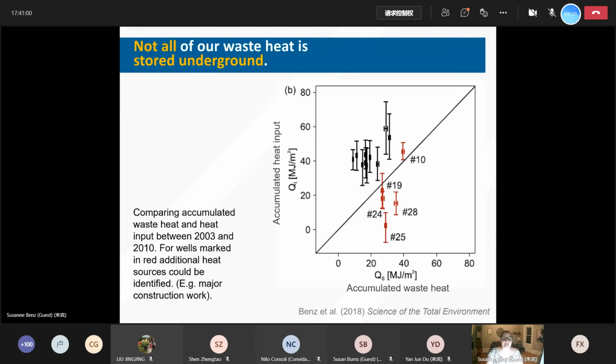So the big assumption is that either it leaves the city and goes to rivers and other surface waters, where it then again becomes a problem of groundwater quality, or it simply returns back to the surface where it contributes to our urban warming, which, going back to the beginning of my talk, is not a great thing at the surface.